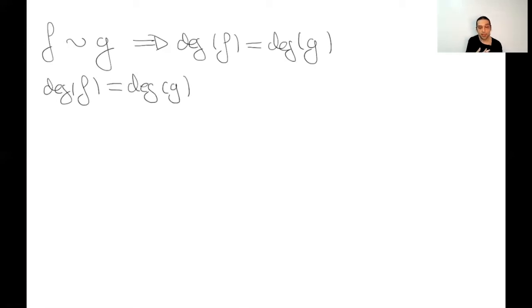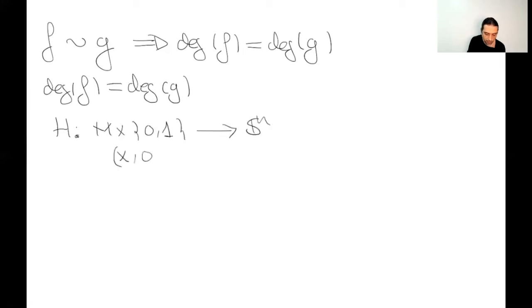Right, but what we can consider now is a map H defined on M times [0,1] to the sphere, that sends every point of the form (x,0) to its image by F, and (x,1) to G of x.